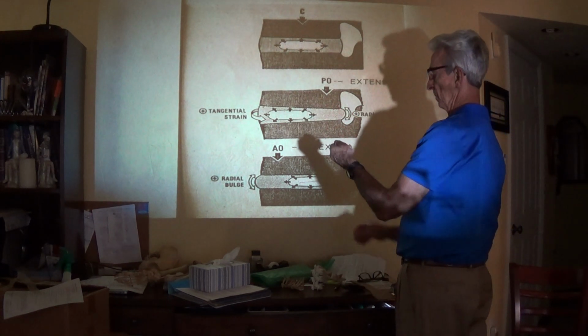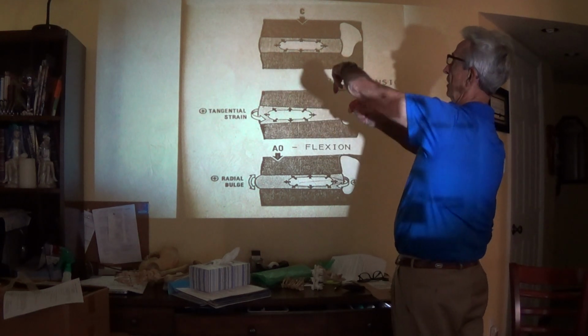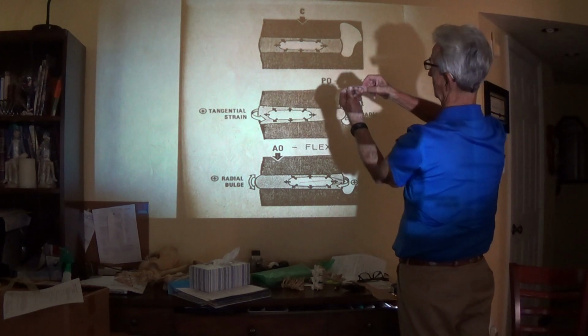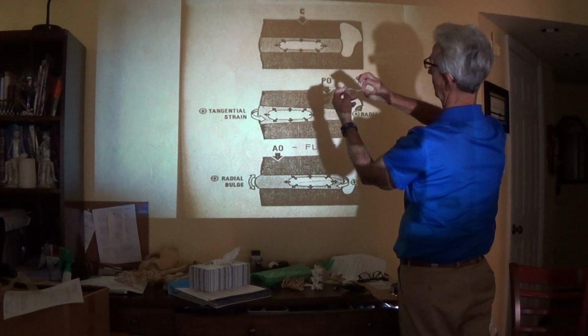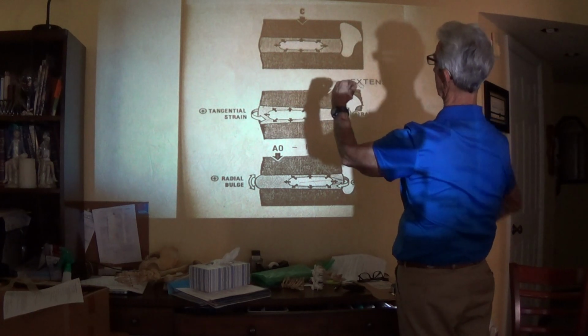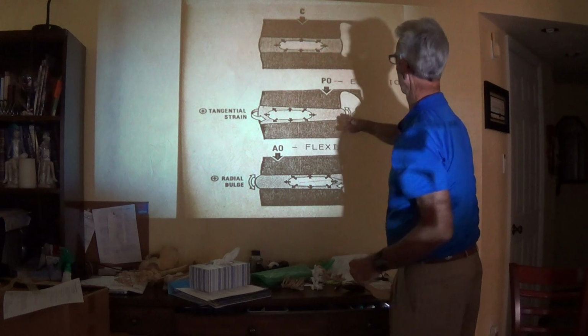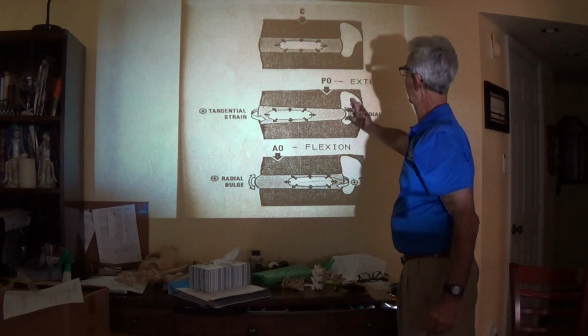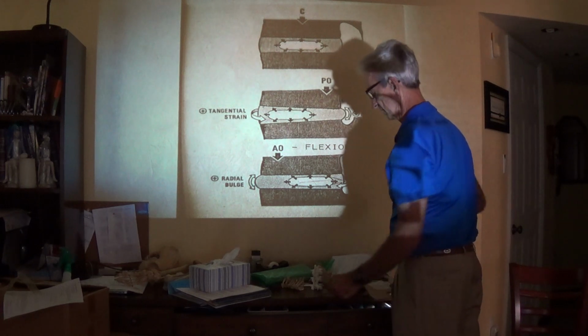In other words, if the disc is like so, you have the capacity for this kind of thing to happen, where there's a slack here, and as the bodies come together here, you get this bulging coming out into the intervertebral foramen.